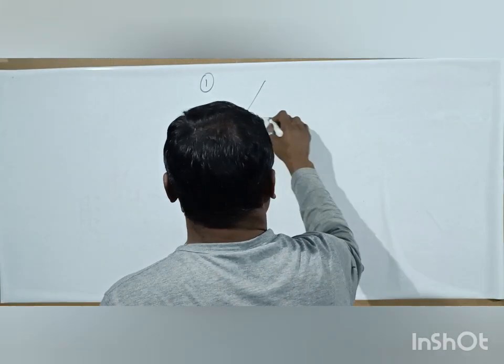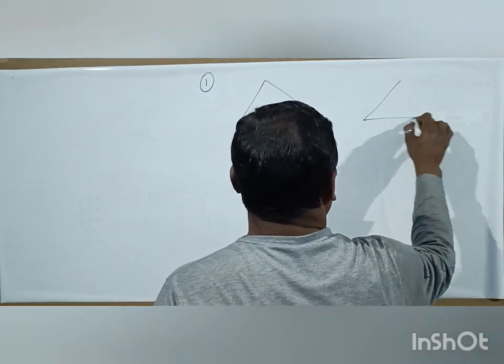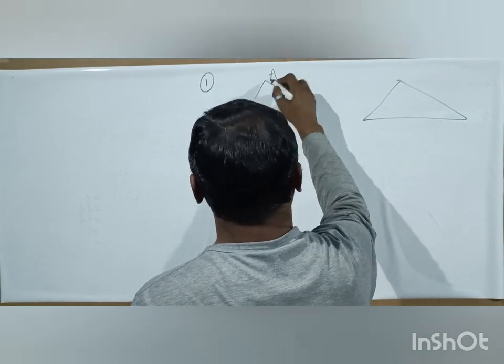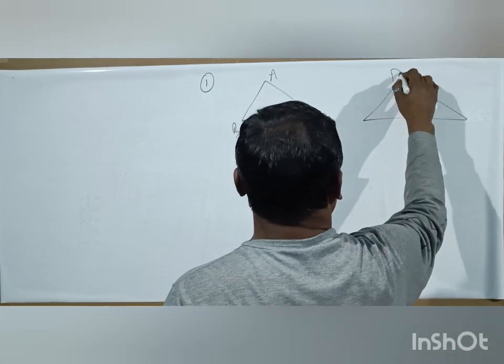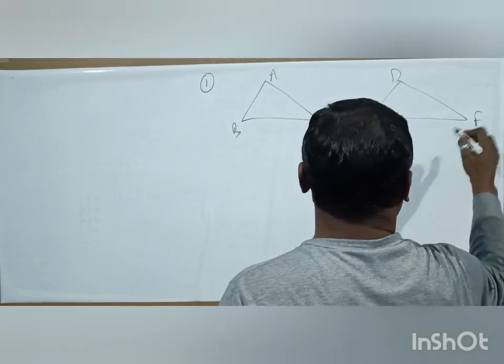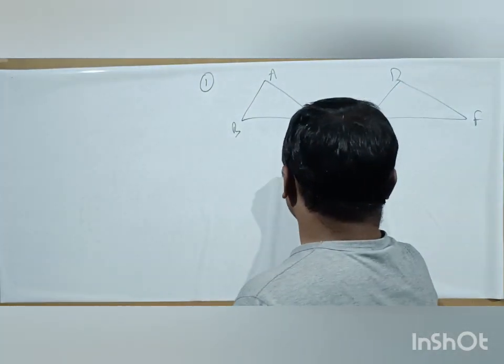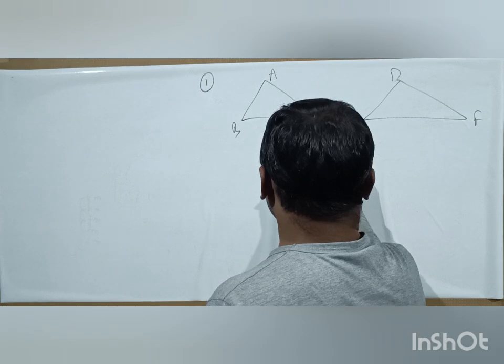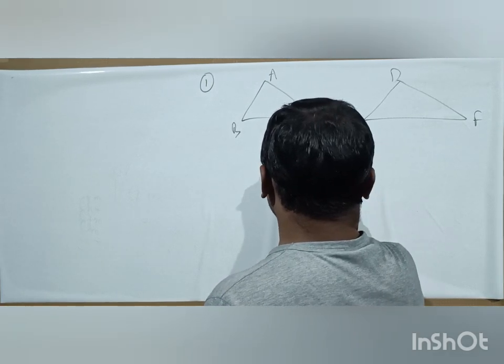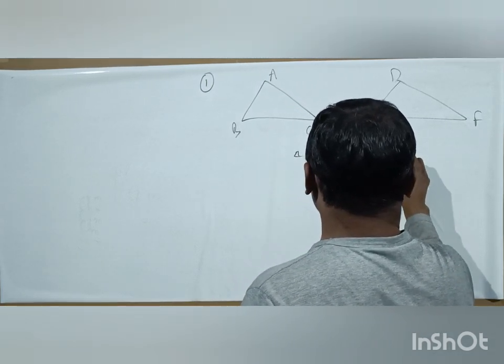There are two triangles, ABC and DEF. The data given is that triangle ABC is similar to triangle DEF.